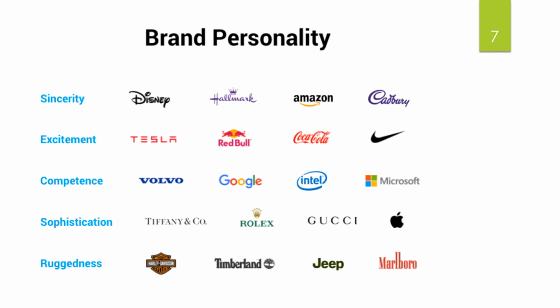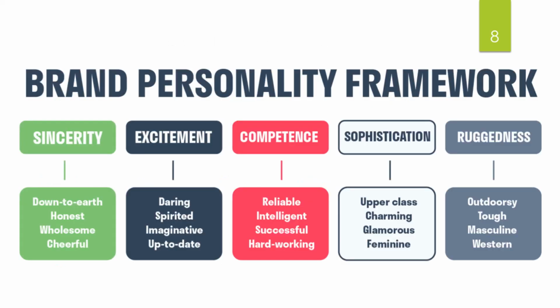Now, it's important to note that these are the brand personalities that companies generally choose. Sincerity is for products or brands that want to seem down to earth. They want to seem honest, wholesome, and cheerful.